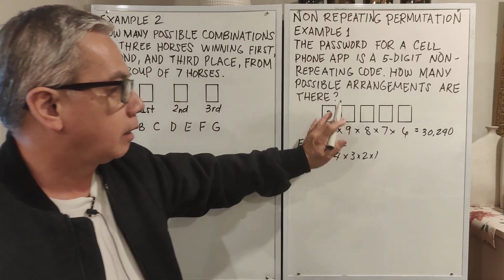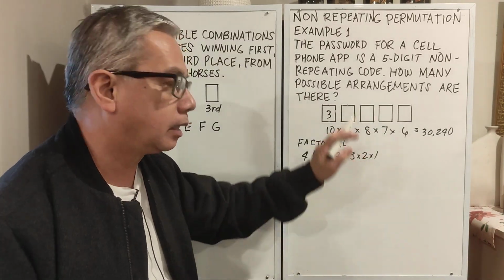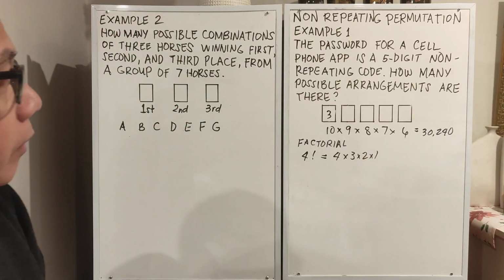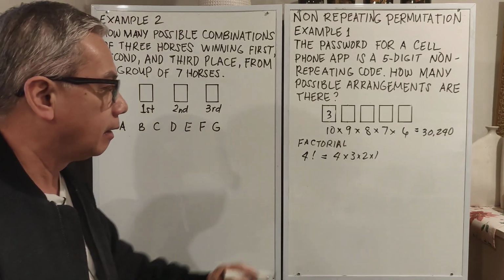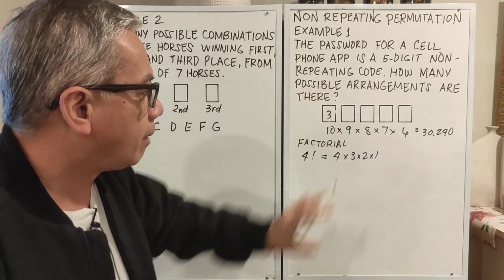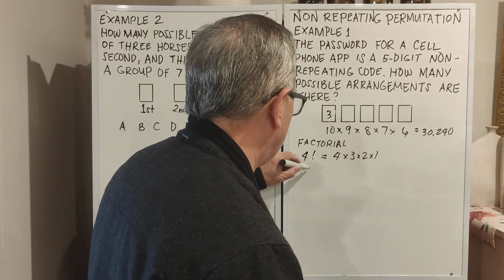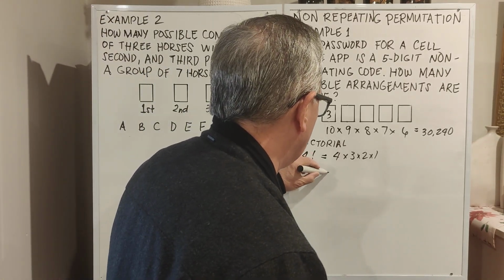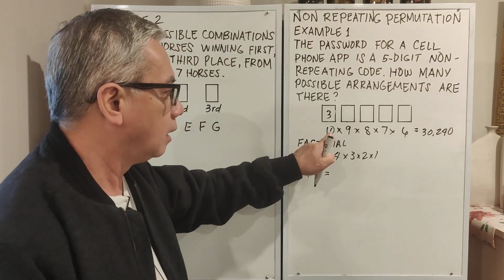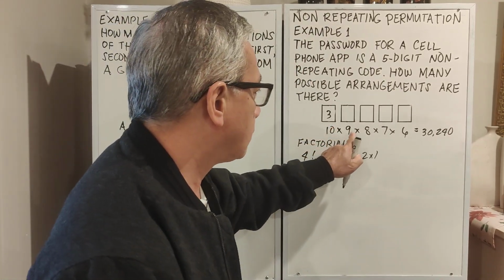Now we would like to make a formula to make it easier for non-repeating permutation. For this example, the permutation is 10 times 9 times 8.